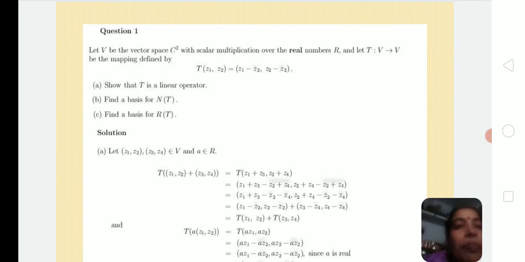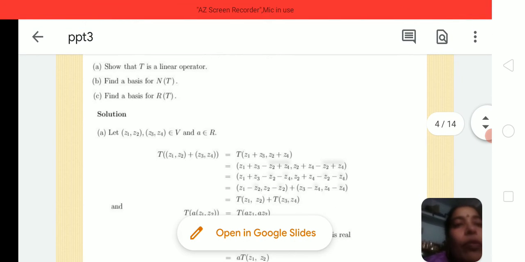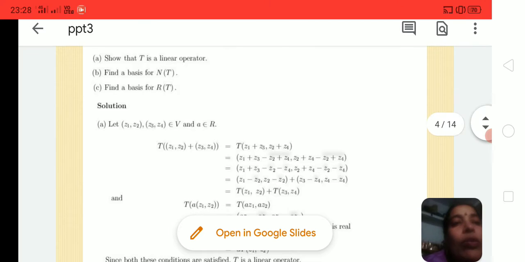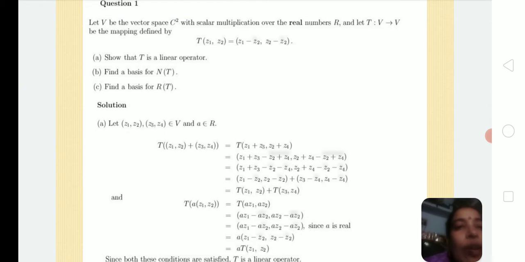That is equal to (z1 - z2, z2 - z2) + (z3 - z4, z4 - z4). That value is equal to T(z1, z2) + T(z3, z4).